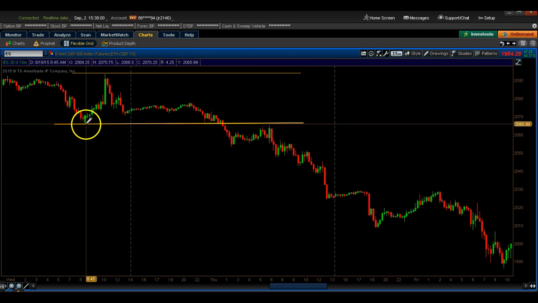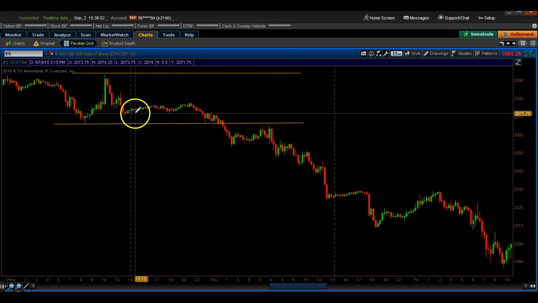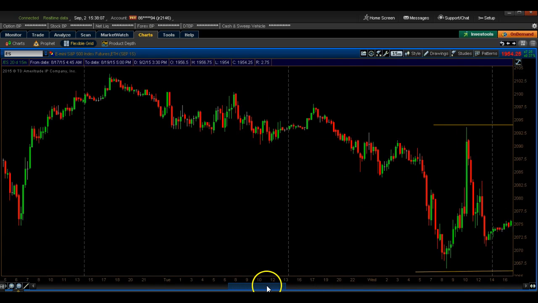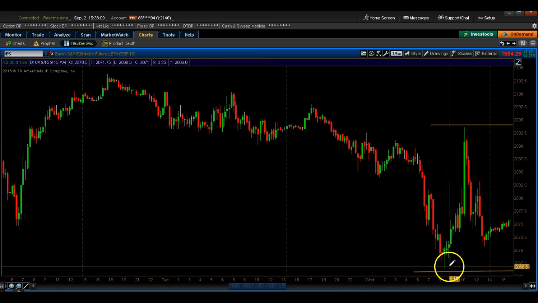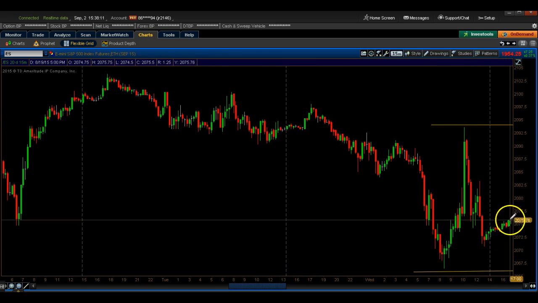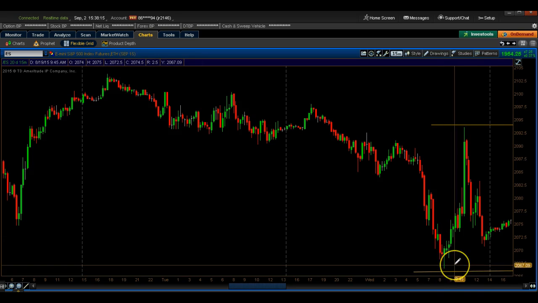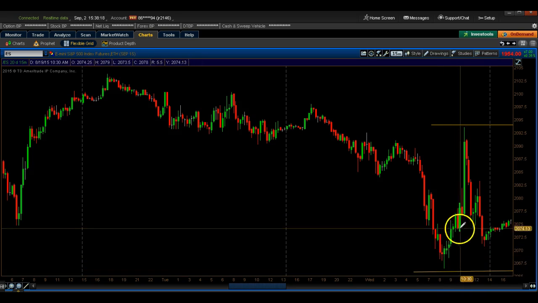Okay, the minute we break below this low, and let's say this is all that we see up to this point right here, okay? This is all that we see. The minute we break below this low, then everything changes, right?